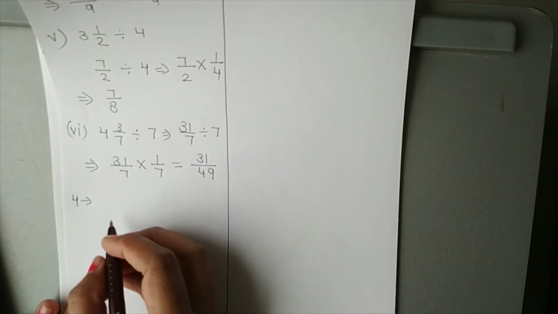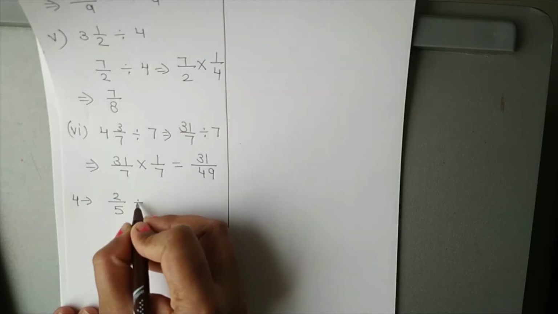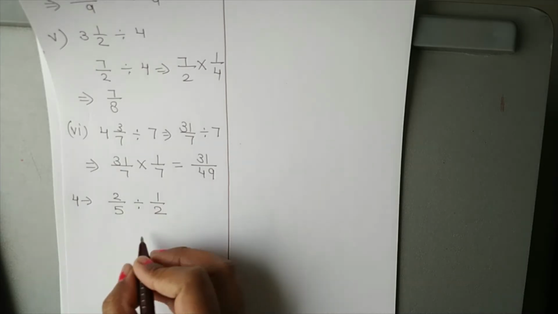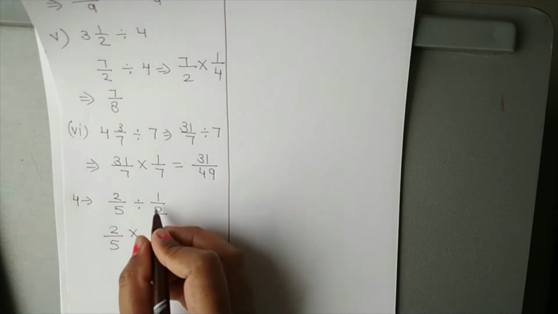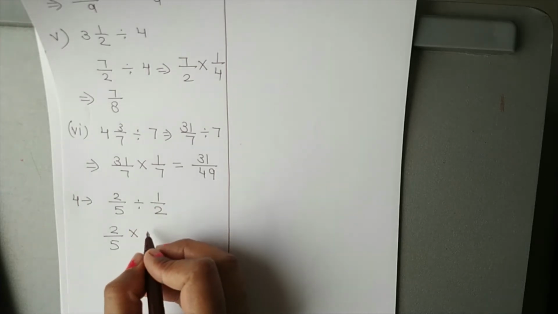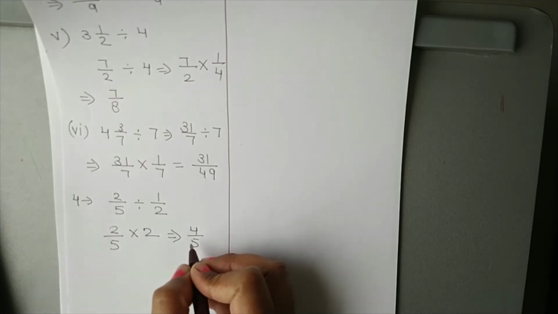This question is based on the case fraction divided by fraction, 2 by 5 divided by 1 upon 2. So same procedure, 2 upon 5 is multiplied by reciprocal of 1 upon 2 which will be 2. So it will be 4 upon 5.